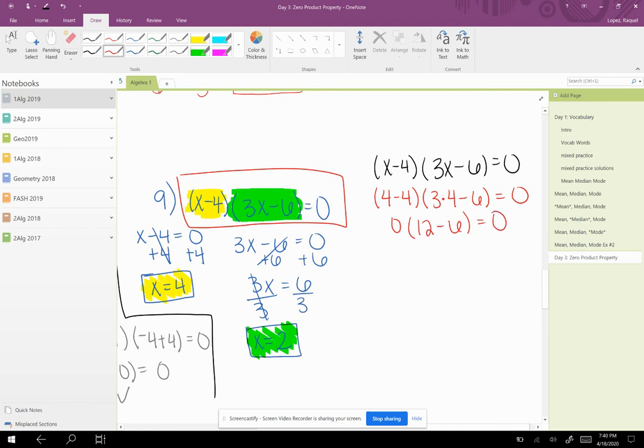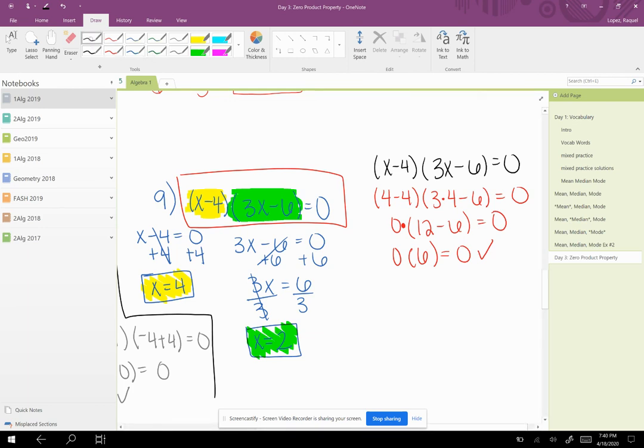If you want, you could keep simplifying, but you could stop right here and see that I have 0 times this whole thing. So 0 times this whole thing is going to get you 0. And just to prove it to you, let's simplify the stuff inside parentheses. So 12 minus 6, that's 6. So I have 0 times 6, and that's going to be 0. That's a true statement. So 4 satisfies the equation.